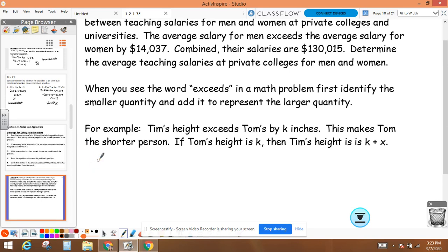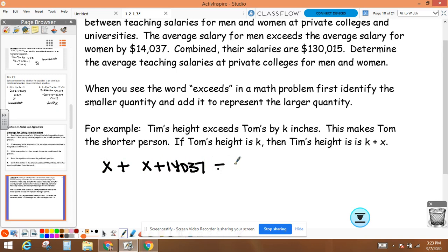So what we need to know is that if we say that the men exceed the women by this much, that means that the difference between the two is this. So if I say this is women, then men would be that plus this.